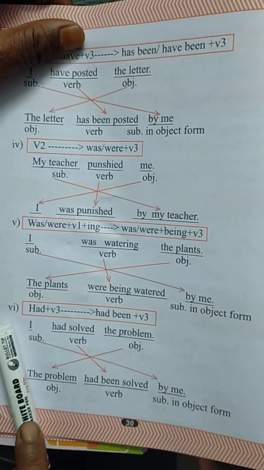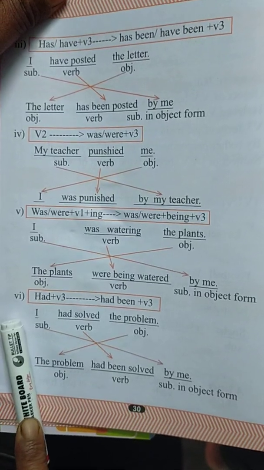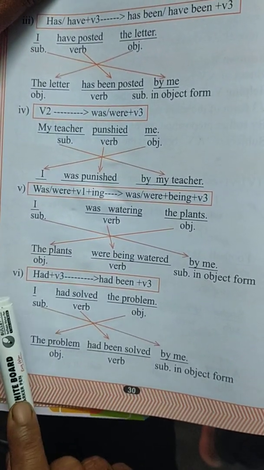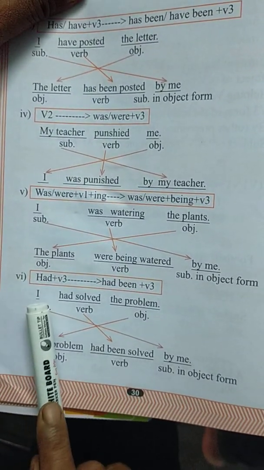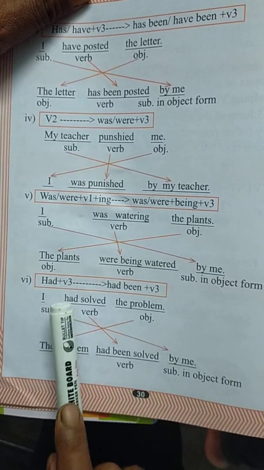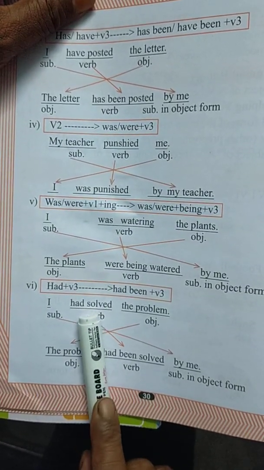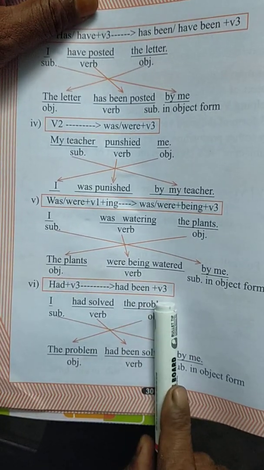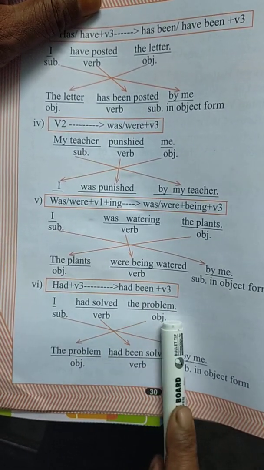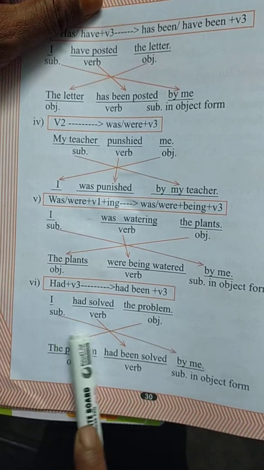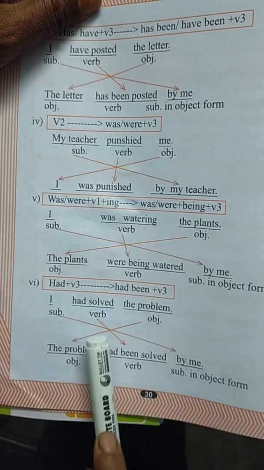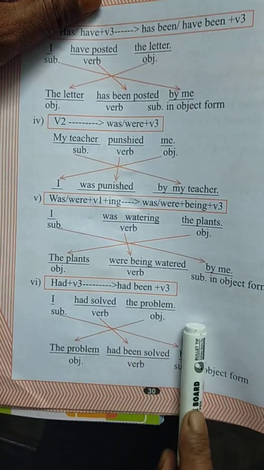So you come to question number 6. Had plus V3 will be changed in passive voice to had been plus V3. I had solved the problem. I is the subject, had solved is verb, the problem is object.